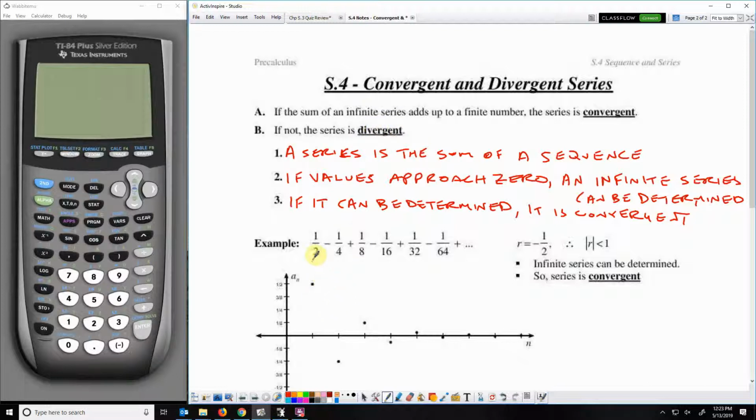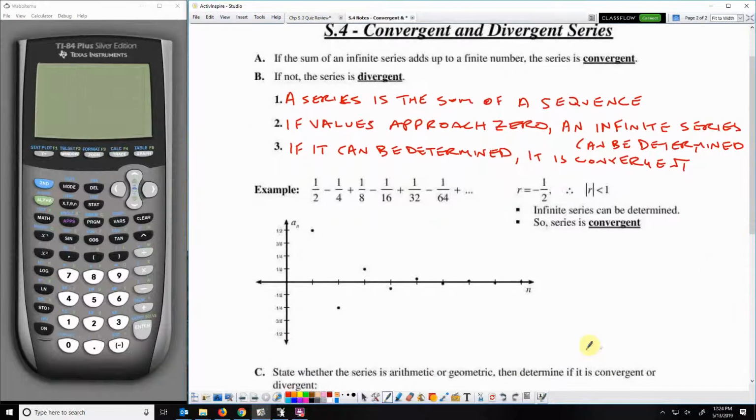So here's a series: 1/2, negative 1/4, 1/8, negative 1/16, 1/32, negative 1/64. What's happening is we're multiplying by negative 1/2. These 3 dots here mean therefore. Therefore, the absolute value of r is less than 1, which means the infinite series can be determined, so it is convergent.